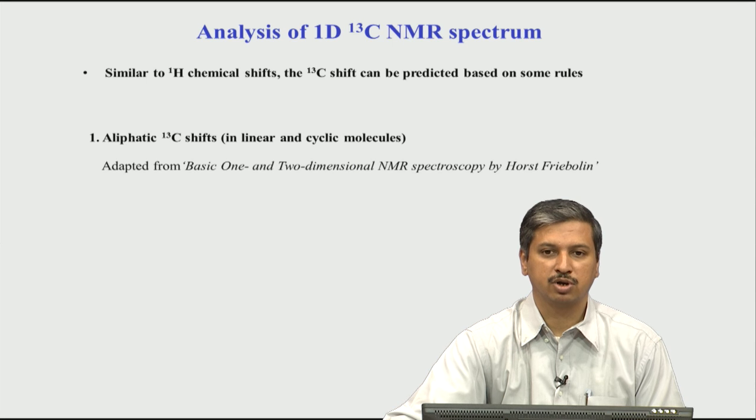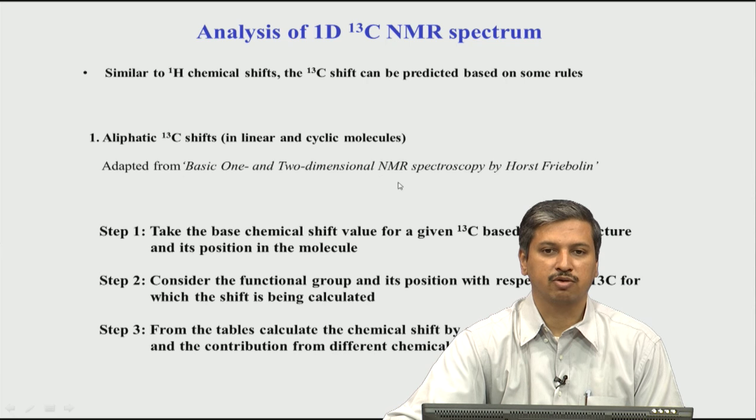This is similar to what we did for hydrogen proton NMR. There also we were given the structure, and we had empirical rules, Shoolery rules and Pascal-Simon rules and so on. Based on that, given a structure, we tried to predict the chemical shifts. So, let us look at how we do that for carbon.